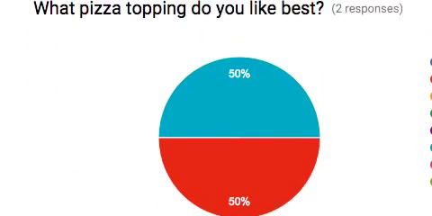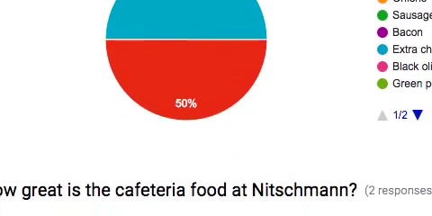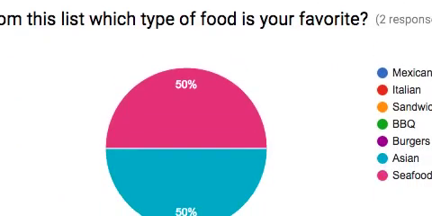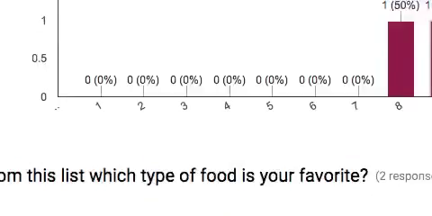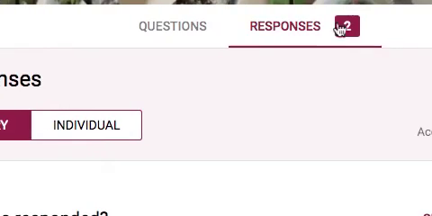Coming down here, there are all sorts of pie graphs and bar graphs and everything that you will need to interpret the data you got from your survey. As you scroll down, you'll see all this stuff is locked and loaded right there. As you get more and more responses, they will come in real time, and as this person hits submit, you'll get a new response, and things will start to change down here as well.